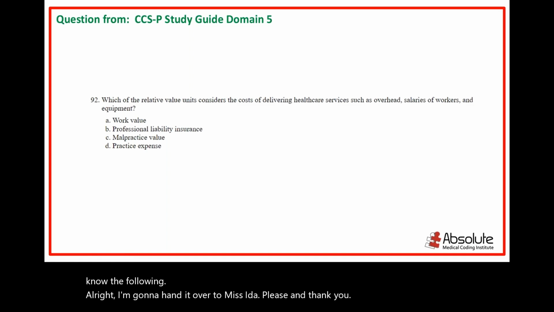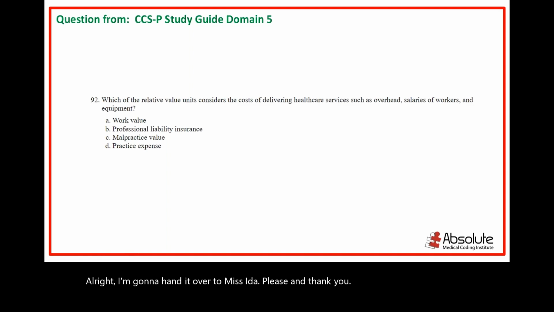A, work value. B, professional liability insurance. C, marketplace value. D, practice expense. Which of the relative value units considers the cost of delivering healthcare service, such as overhead, salaries of workers, and equipment?